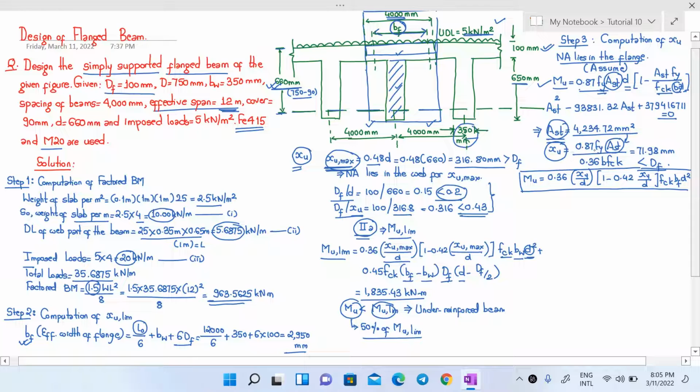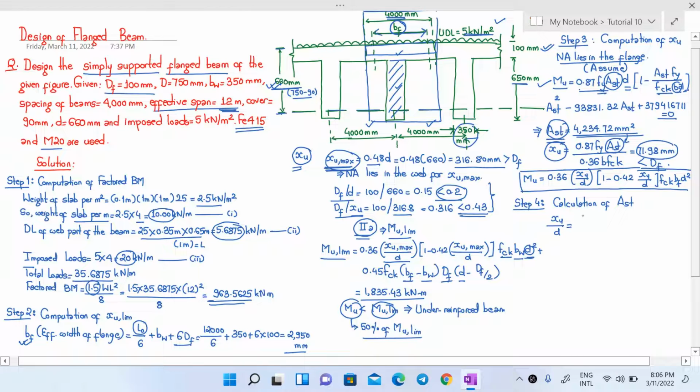Finally, once you know the actual value of XU, which is 71.98 mm, in step 4, you can calculate the actual value of AST now. In fact, you have already calculated the value of AST here, 4234.72. Or you can use the formula again.